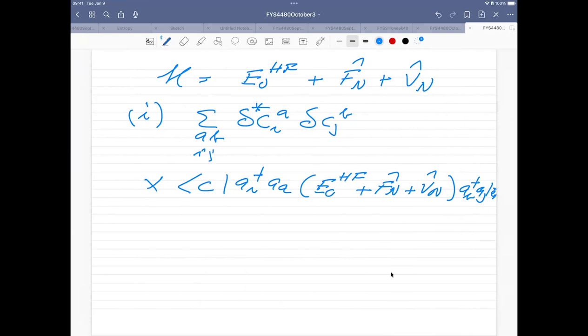So I'm using this C now for my reference state, which is actually the Hartree-Fock state. Just remember that this one is actually phi 0 Hartree-Fock.